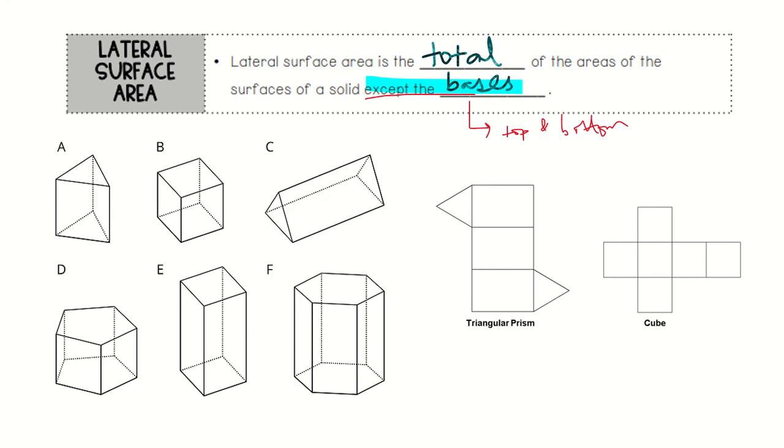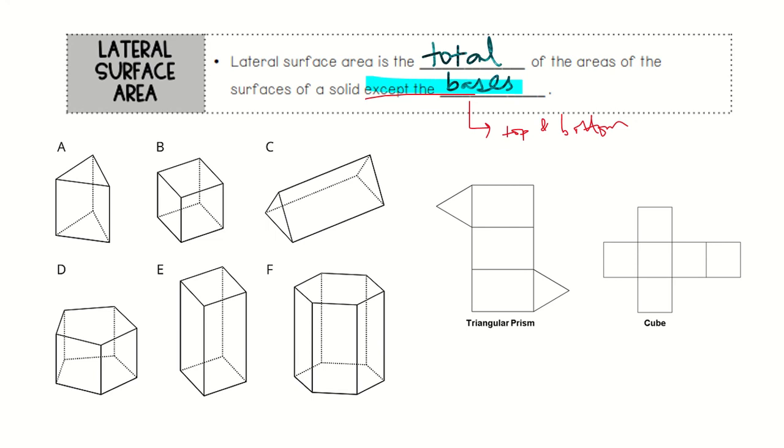All right, on letter D, again, lateral surface area is all of the sides that go around except for the bases, most often also called the top and the bottom. But besides those two, you would find everything else and add it all up. We'll do examples and this will all come together, but just for introduction's sake, I'm showing you quite a few pictures here.